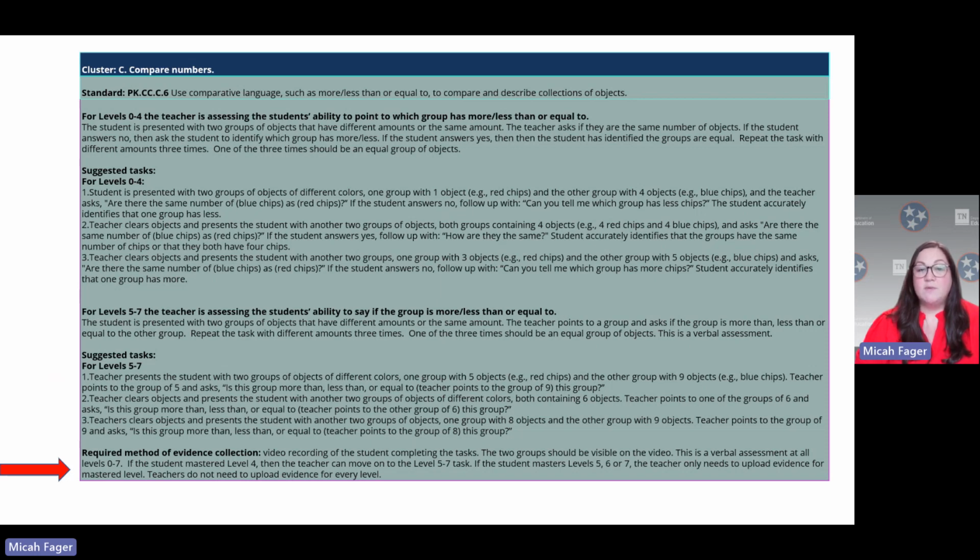In the video, we must be able to see the two groups that the student is looking at, and we must be able to see the student pointing to the groups if you're at levels 0 through 4, or we must be able to clearly hear the student tell which group is more than, less than, or if the two groups are equal. After you have assessed the student work, now it is time to score.